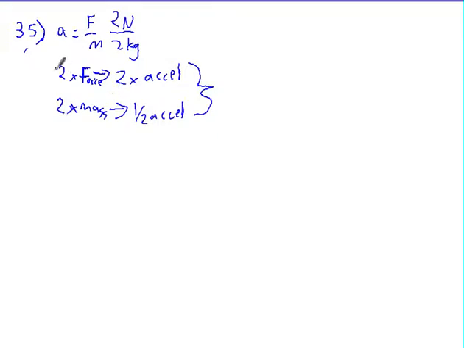It's twice as much force. So if you double the force and mass, then what happens to the acceleration? Instead of doubling because of force and halving because of mass, it's the same as before. Make sense?